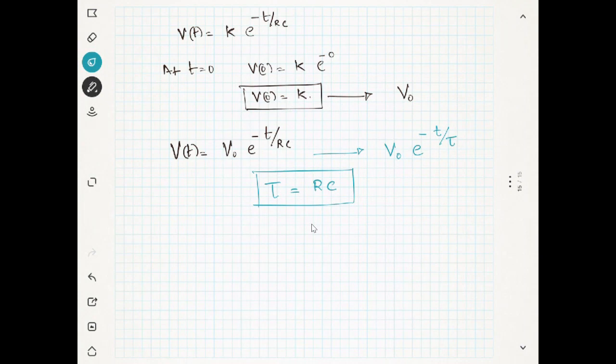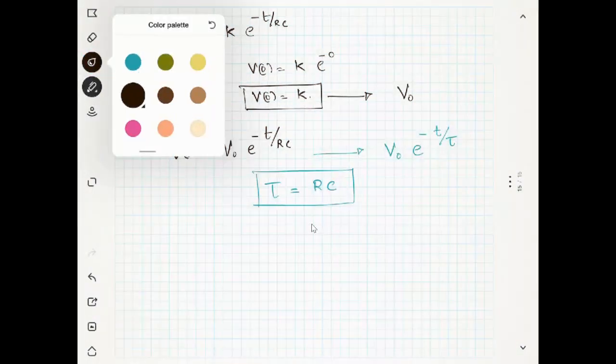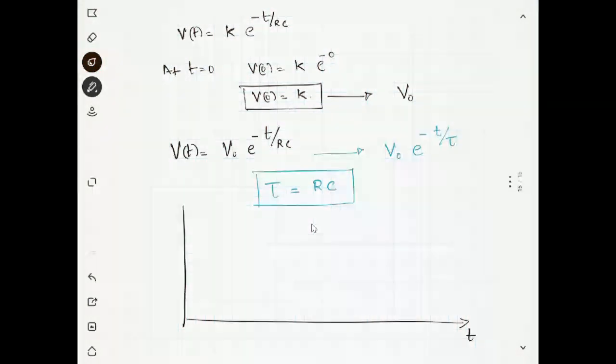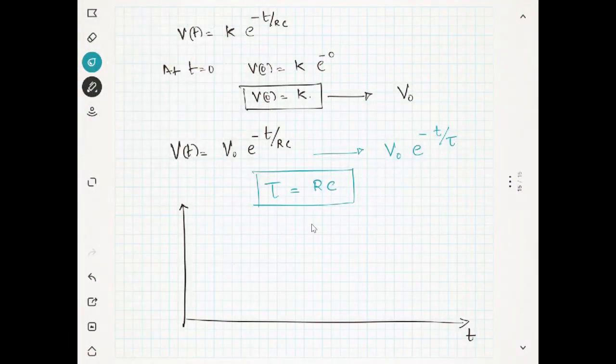If you plot this, you will get the curve like this. This is your time, and this is your V0, and the curve will move like this, as I told. It decays and goes to 0.